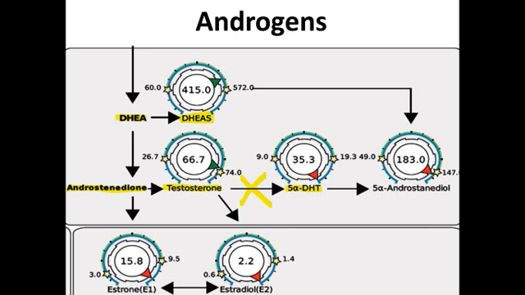Going further down the line, we can see the DHT metabolite, 5-alpha androstenedione. What's noteworthy here is that the gonads are typically making testosterone, particularly in a young, healthy male. The conversion to DHT does not happen within the gonad; that's happening usually either in the liver or even more extensively in the periphery.